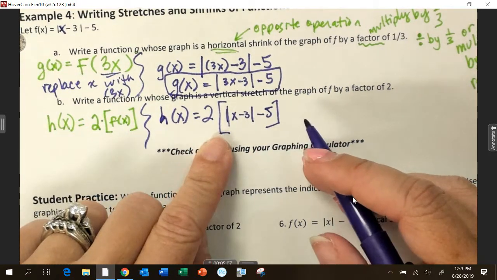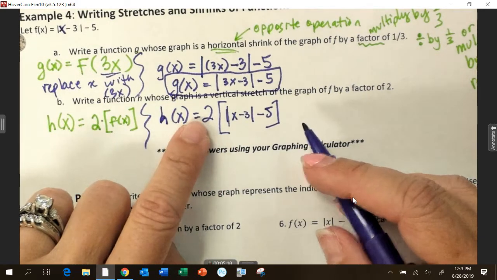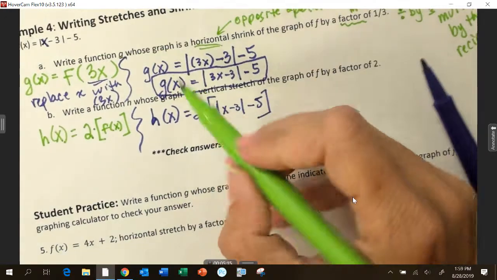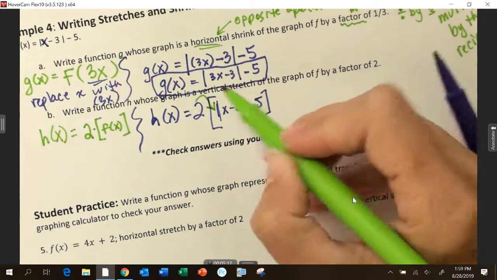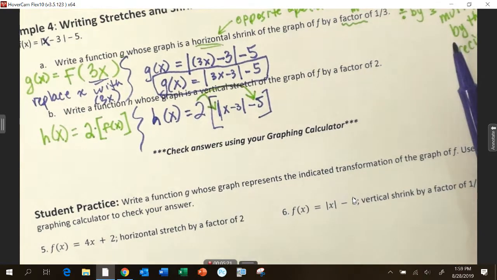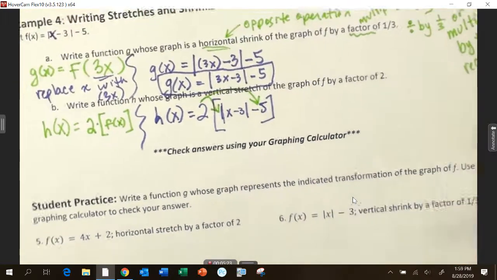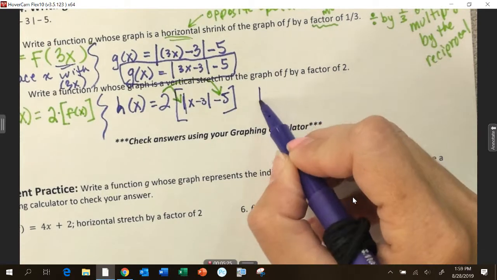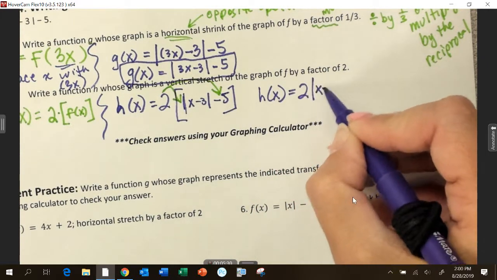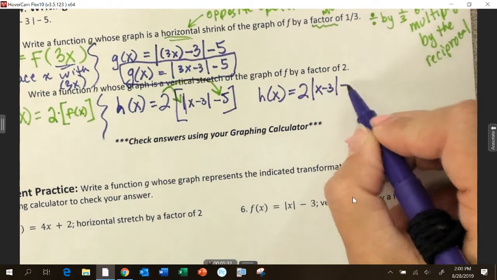It is for this one, because this 2 is going to do what? It's going to distribute. We're going to distribute the 2 in front of the absolute value, and it goes to the minus 5. It goes to both the absolute value and the minus 5. So h of x equals 2 absolute value x minus 3, close absolute value, minus 10.